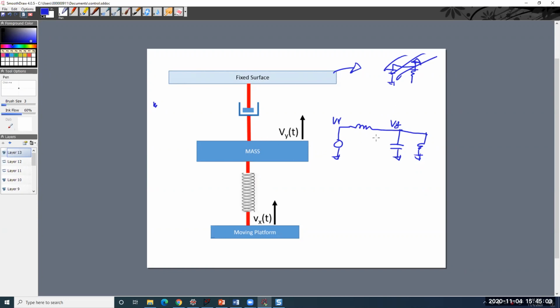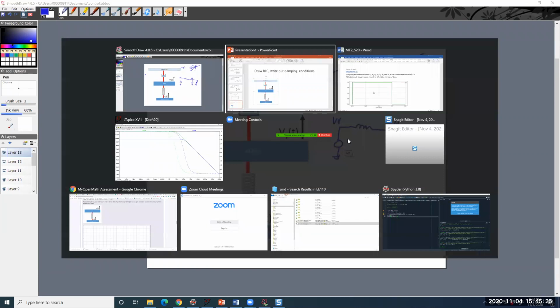Now, for the damping conditions, I like to use impedance. And what I see is that it's a voltage division of these two impedances in parallel with this inductor.